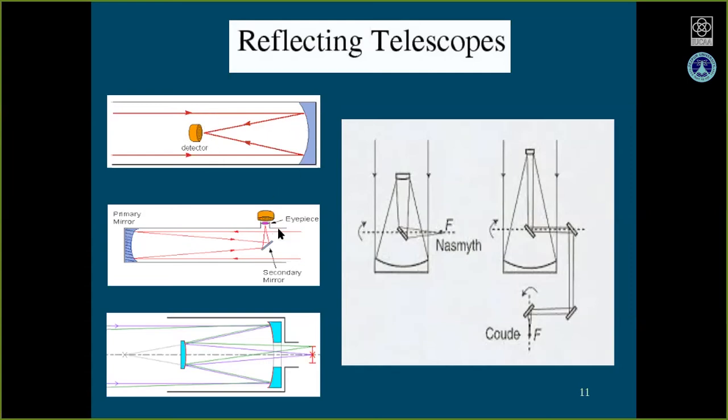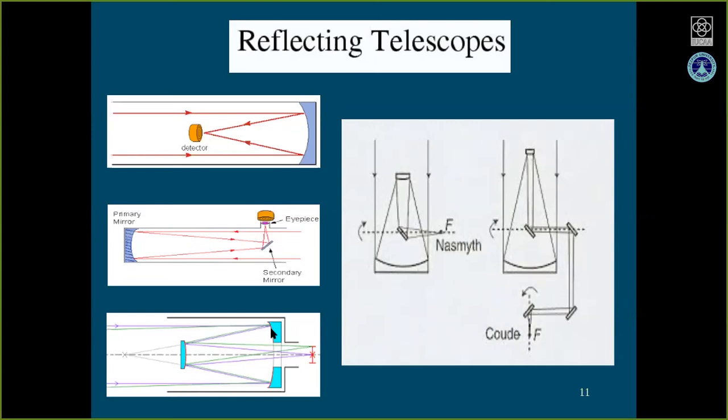That is the reason why people use this kind of Newtonian focus telescope. In Newtonian focus, your rays are diverted from the telescope tube to the outside, but it is also on the top of the tube. Still, it is not very robust. It is not very convenient.